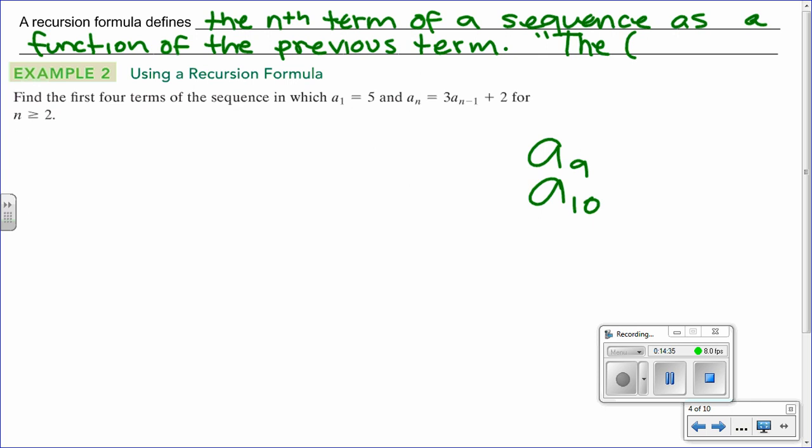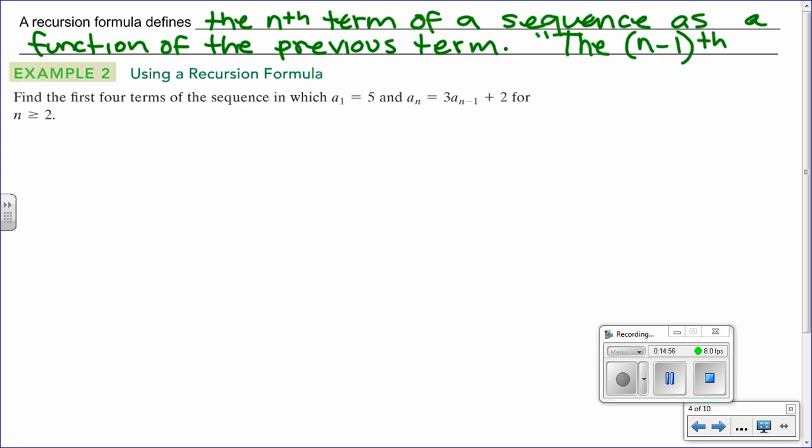Anyone? M minus 1. Well, m, that's a good reasoning actually. It's n minus 1. Did you tell me m because that was the letter before? Maybe so. Yeah, so it will be n minus 1.